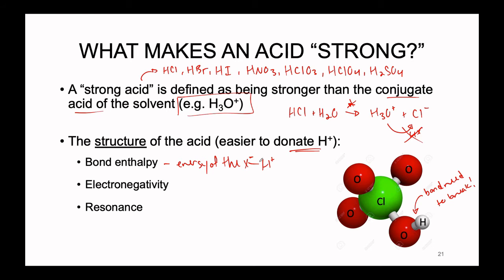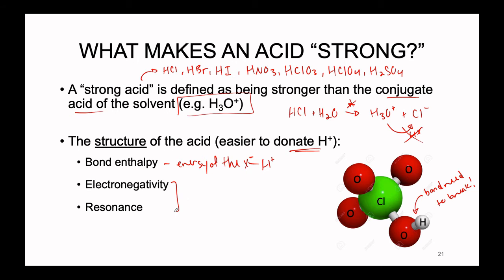So for instance, H plus and Cl minus, or H plus and ClO4 minus. This bond right here between the counter ion and the H plus is going to have a particular strength. The higher the strength, the more difficult it's going to be to break the bond and dissociate your H plus. So we'll be talking about each of these things again in more detail in the upcoming slides.